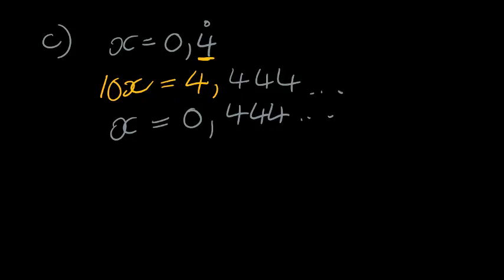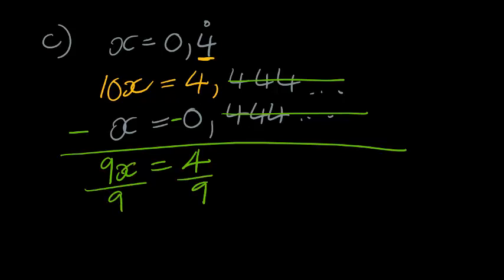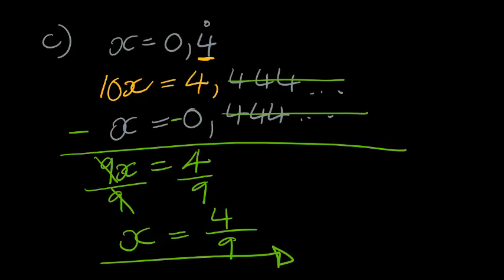I now know that when I subtract this side from this side, then I say 10 minus 1 is 9x. And these numbers all cancel out, so I have it equals 4. So in essence, when I divide by 9 on both sides, this and this cancel out. X is equal to 4 over 9. Final answer.